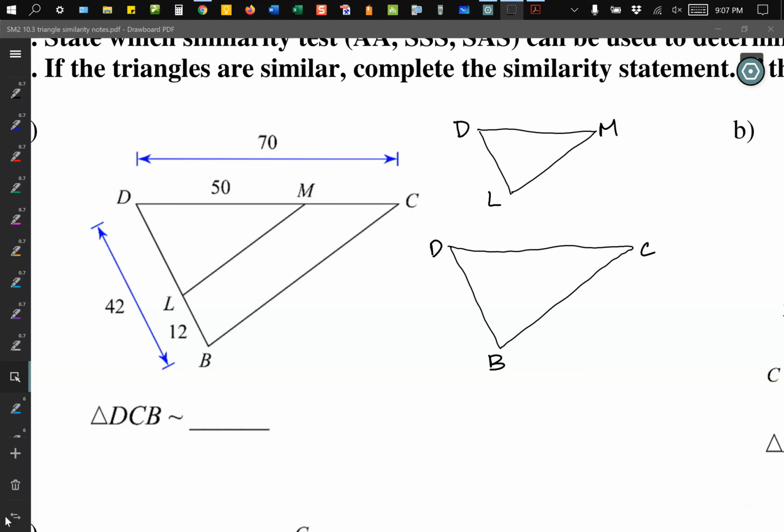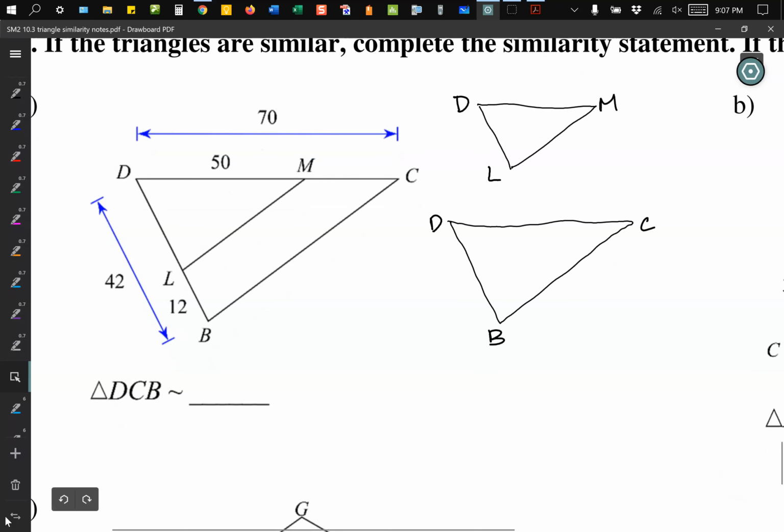So first of all, I know that on the smaller triangle, this side up on top, side DM has a length of 50. And on the larger triangle, side DC has a length of 70. And on the larger triangle, the long side is 42.